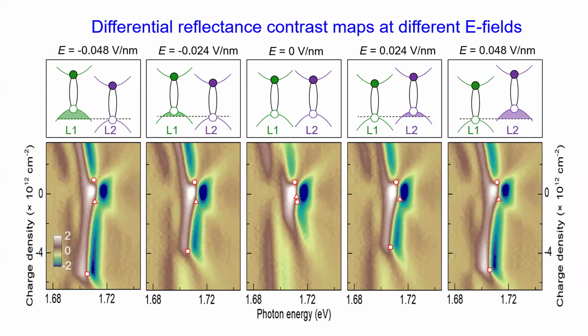We use different symbols to mark the edges of the different doping regimes, like a circle, triangle, and square. And we can connect those same symbols by dashed lines.